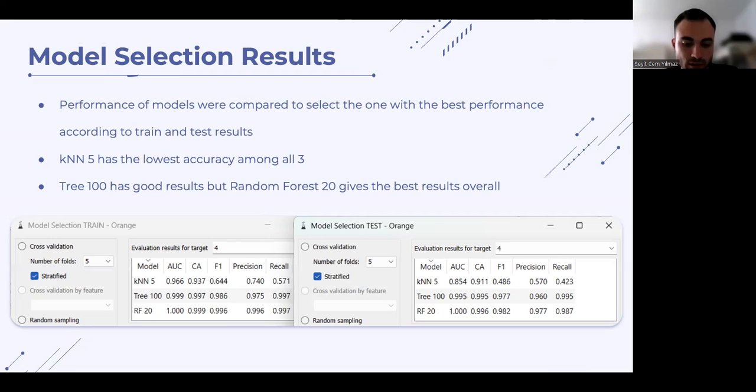Yes hocam, you are right, but for the other slides we put only 4. I understand, but in the model selection, if I were you, I would put an augmented figure, so that we can see how the model performs for each of the minority classes.